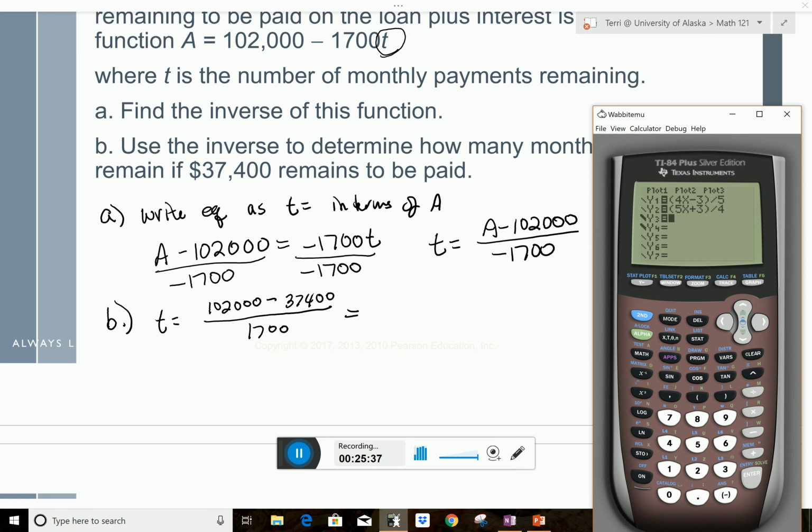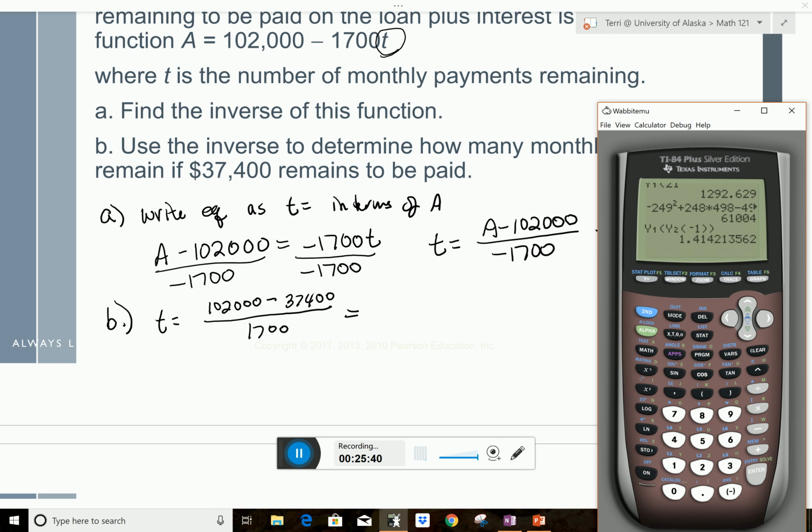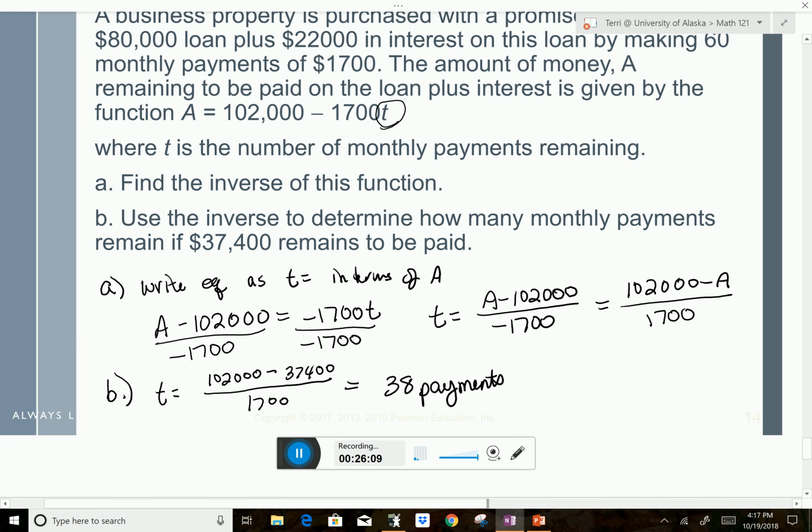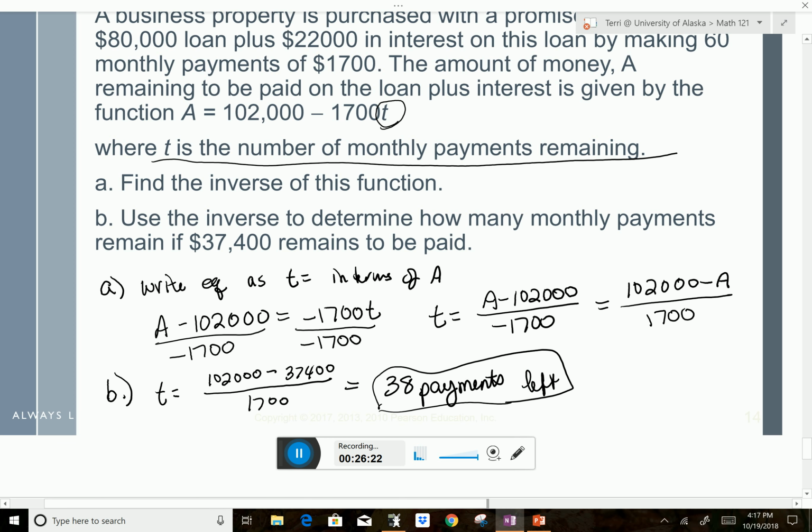So let's see what we get. 102,000 minus 37,400, divided by 1,700 is 38 payments. t is the number of monthly payments remaining, so 38 payments left. Still owe money.